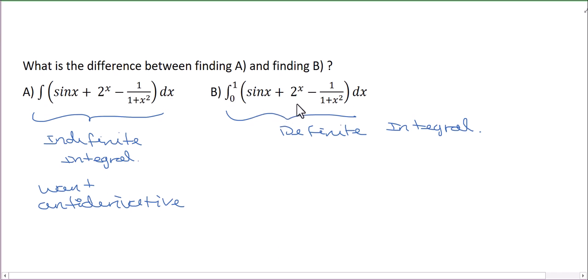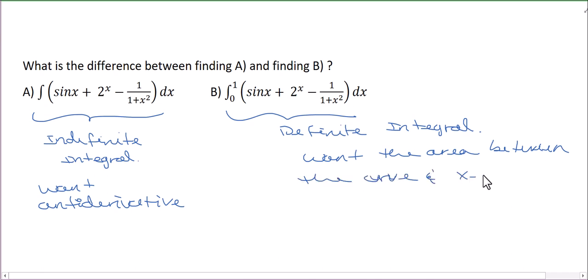What this one is asking us to find is we want the area between the curve and the x-axis. So they look very similar, but they're asking us different things. This one just wants the antiderivative, and this one wants an area. So one should be a function, and the other one should be a number.